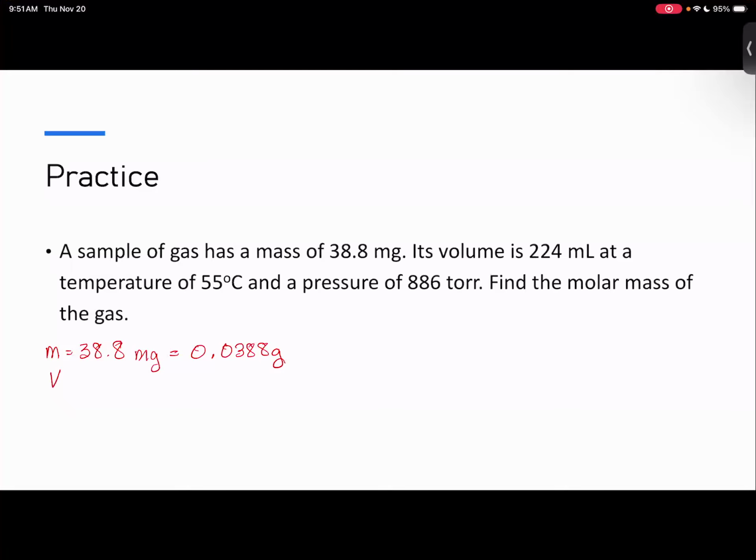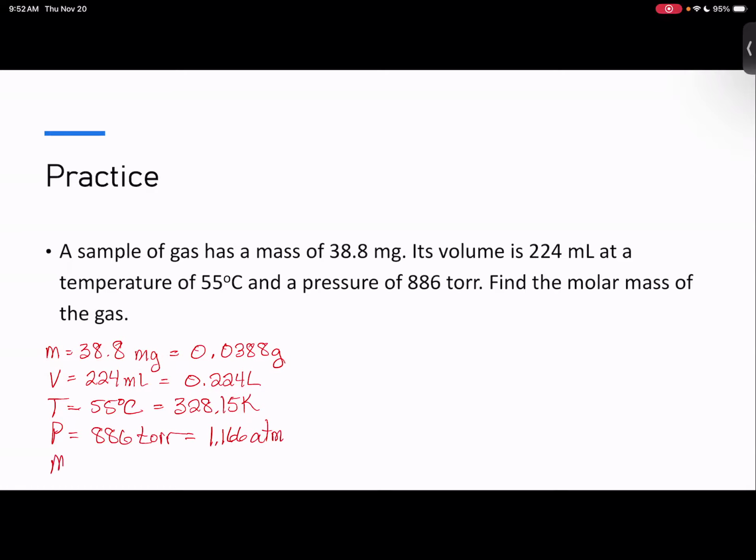Its volume is 224 milliliters, or in other words, 0.224 liters, at a temperature of 55 degrees Celsius, which is again 328.15 Kelvin, and a pressure of 886 torr, and we convert torr into atmospheres by dividing by 760, which is 1.166 atmospheres. Find the molar mass of the gas.